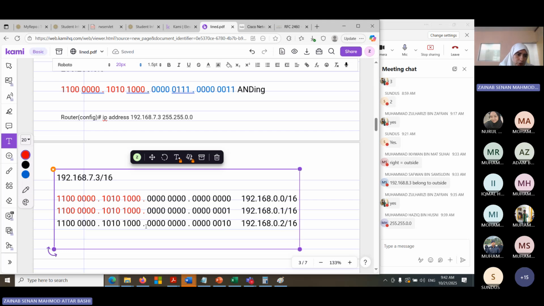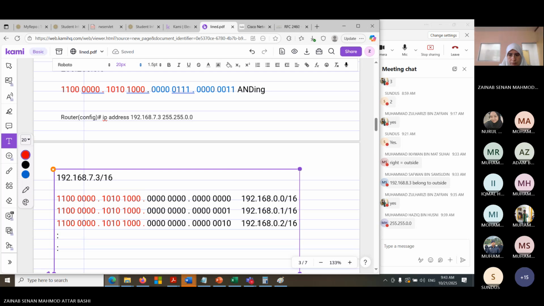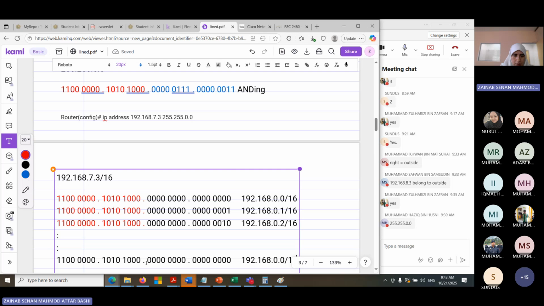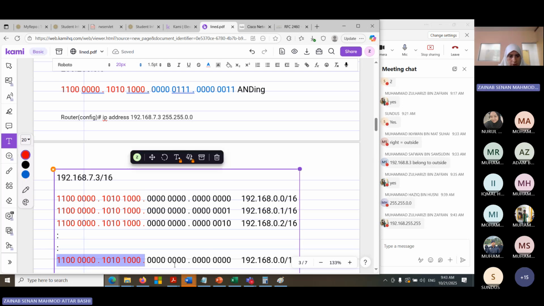What is the last IP address, in binary? Inside this network, what will the last IP address be? I take the red, the network portion, 16 bits, never change them. So what will be the last IP address I can use? Exactly, thank you, brother. It will be when all of them are 1, all the black colored host portion.